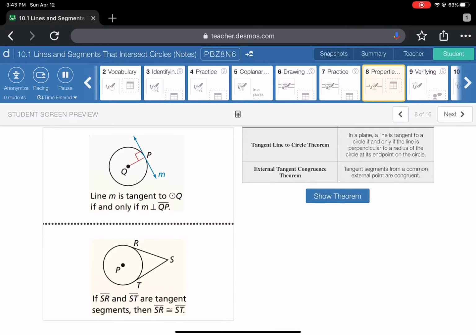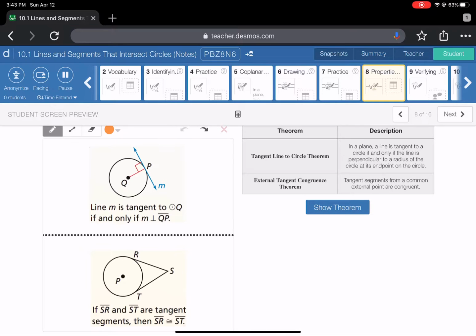So what that means is if I can draw two tangents, this is a tangent and this is also a tangent, and these two segments connect at the same point, so in this case we have the point S, then I can say that the segment RS is the same as segment ST. All right, so those are our two theorems. We're gonna use those in the next couple of practice problems.